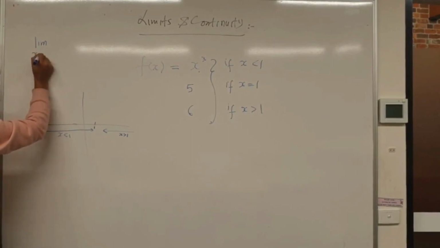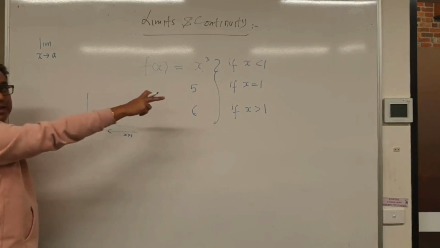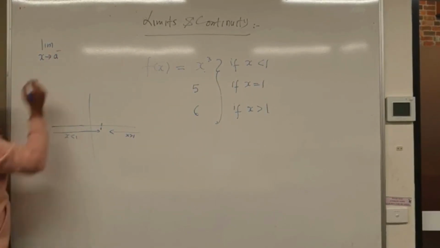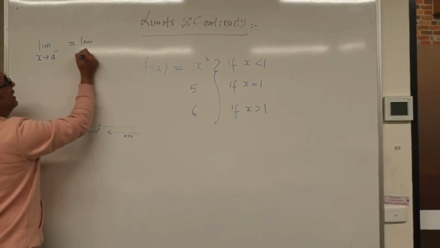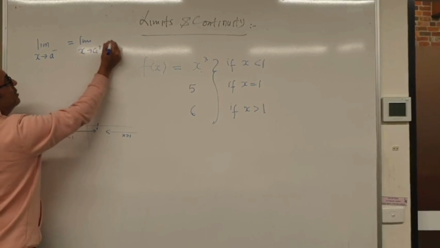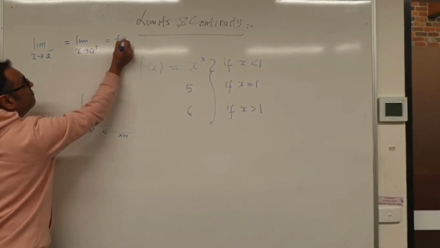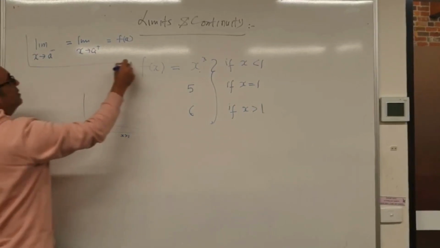Now remember, for continuity, I'm writing a, where I'm checking the continuity. Your left limit should be equal to your right limit, should be equal to f of a, the value of the function. So this condition has to be satisfied.